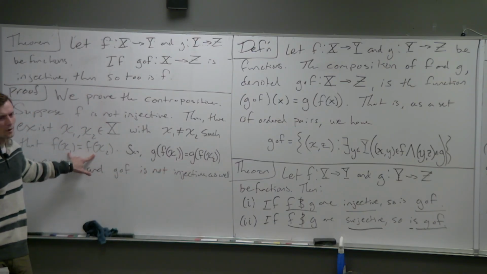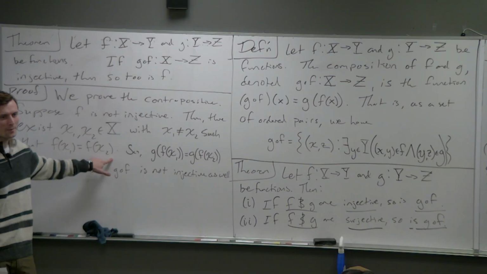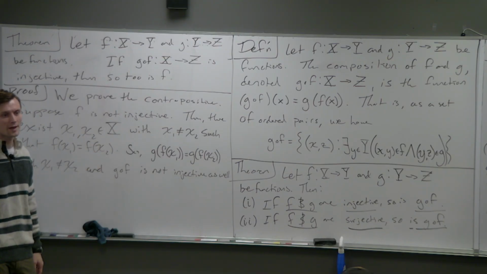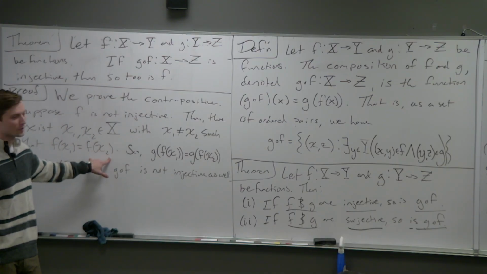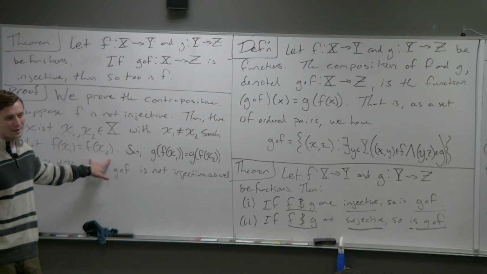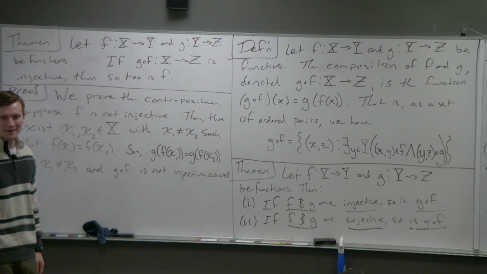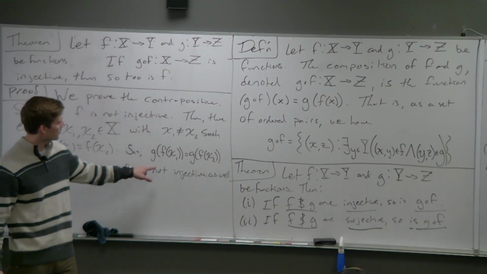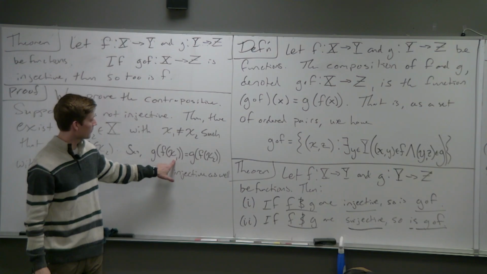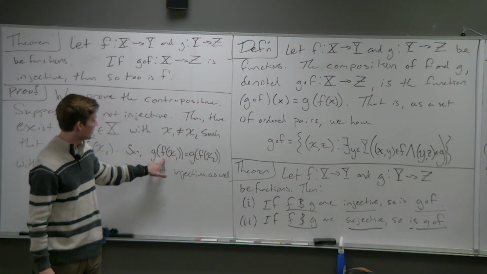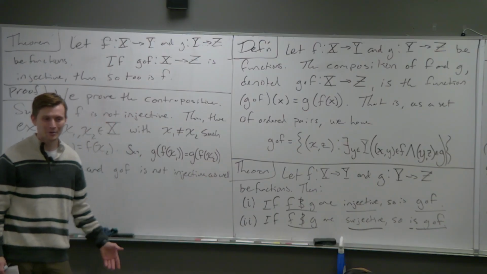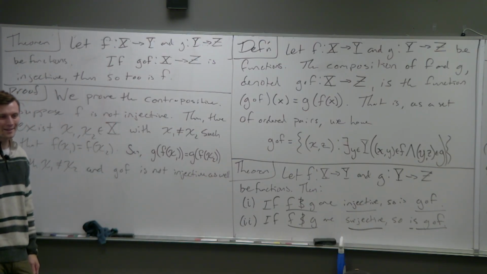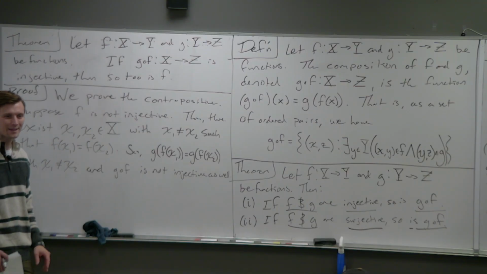It's because these are equal. You're doing the same thing on both sides. You're just applying g to both sides. Applying g to the same thing, you get the same thing. That is, we've produced x1 and x2 so that if I plug them into g composed with f, we get the same thing. Cool? Okay, that makes some sense.